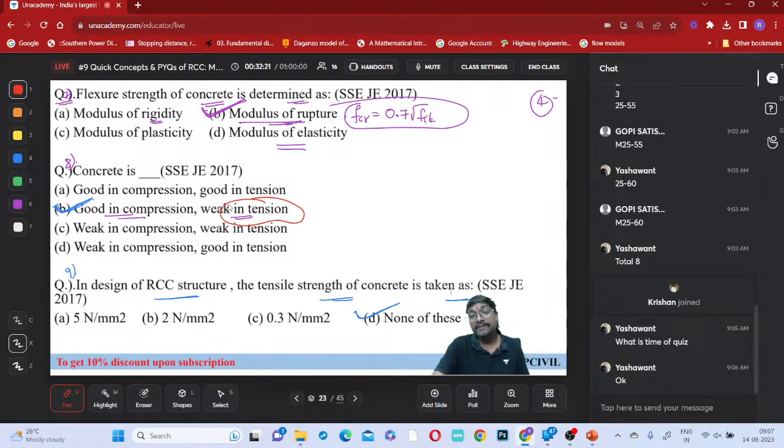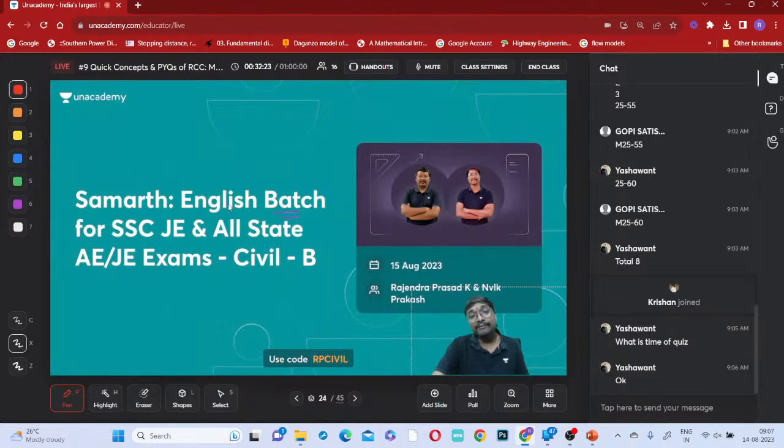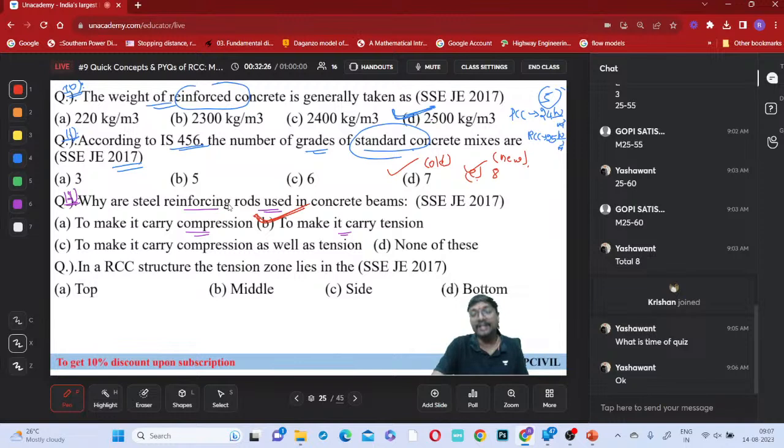By using reinforcement material which is stronger in tension. So steel will be used as reinforcement to make it stronger in tension, so that it will carry the tension. The tensile load will be taken care of by the reinforcement, and the compressive load will be taken care of by the concrete itself.